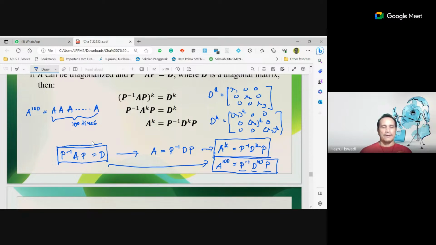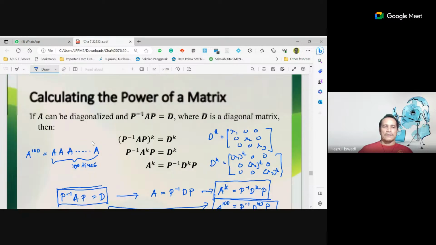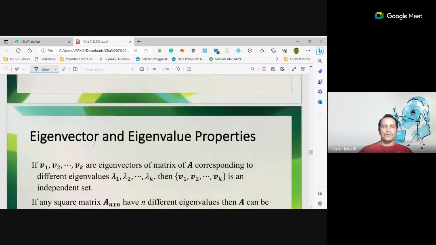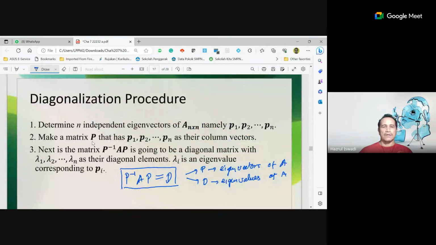So we try to find whether A can be diagonalized or not by finding the eigenvectors and the eigenvalues. The crucial requirement for diagonalization is that we must have n independent eigenvectors. If we don't have n independent eigenvectors for an n by n matrix A, then A cannot be diagonalized.